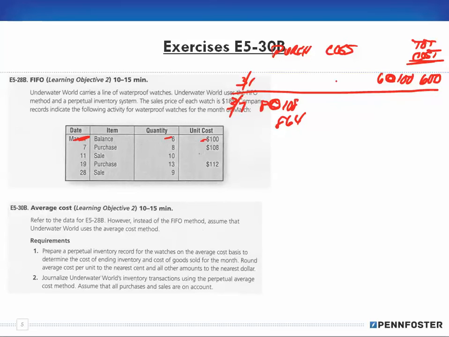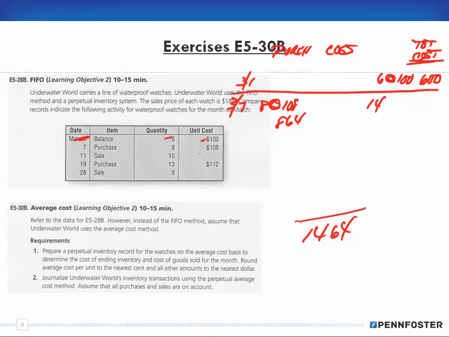So if I had 6 before and I have 8 now, that means I have 14 in inventory. Right now, I'm buying $864, and I had $600 as a total cost in my inventory before. So 1,464 is the total value of my inventory, when I add the 600 plus the 864.